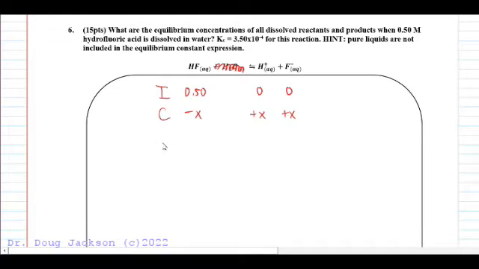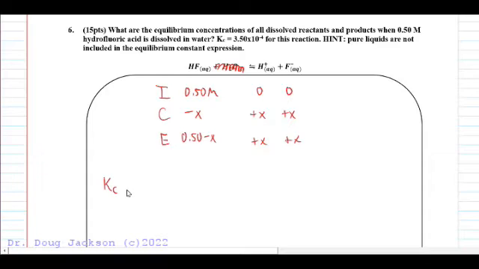So our equilibrium concentrations are going to be 0.50 minus X. That's molar. Each of these is molar. Minus X, and then 0 plus X molar, and then plus X molar there at equilibrium. Okay, so at this point, we want to determine the concentrations using the equilibrium constant expression.